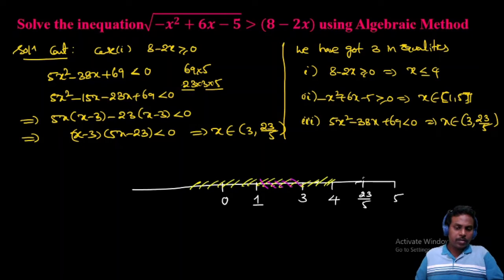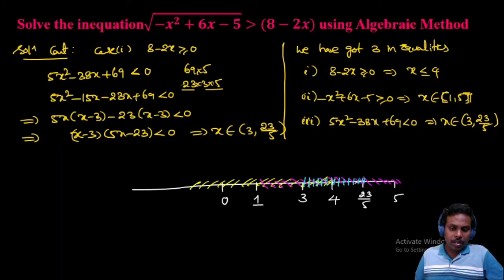So 1 to 5, till here. And the third one is 3 to 23 by 5. I am shading it here.